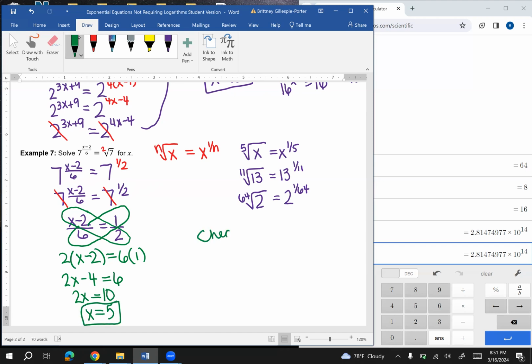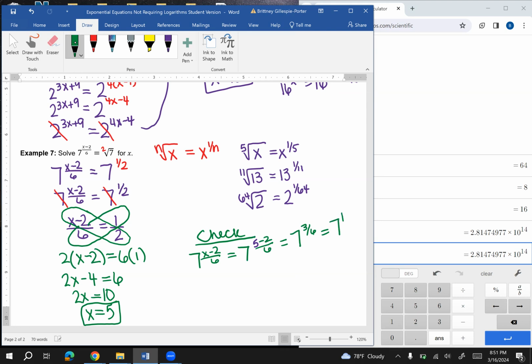If you wanted to check your answer, we would have 7 to the x minus 2 all over 6, which would get us 7 to the 5 minus 2 all over 6, which is 7 to the 3 over 6, because 5 minus 2.